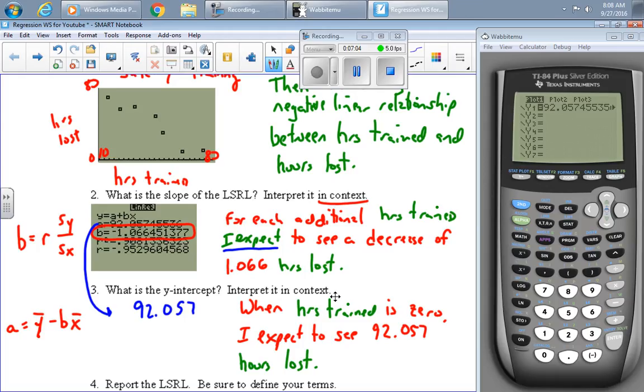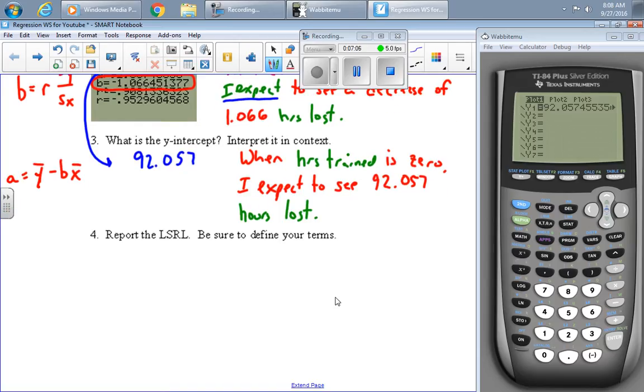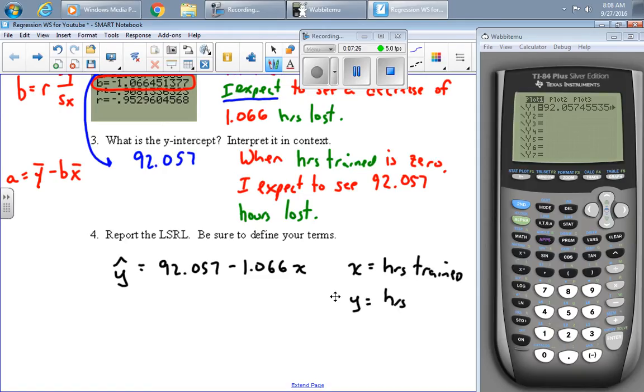Number 4 says report the LSRL and be sure to define your terms. So what that means is this, right? Y hat equals 92.057 minus 1.066x, where x equals hours trained and y equals hours lost.